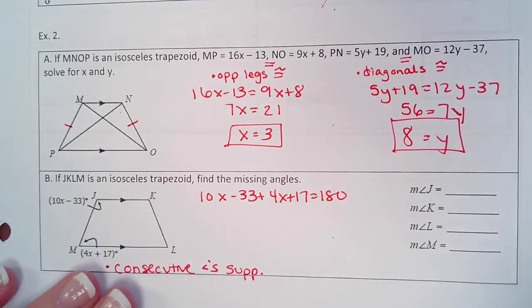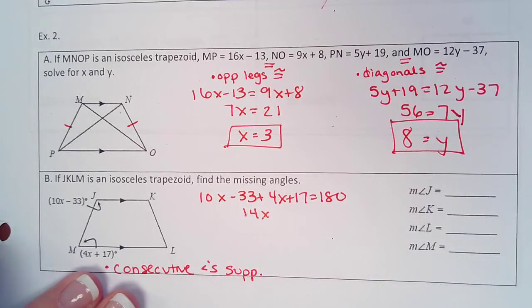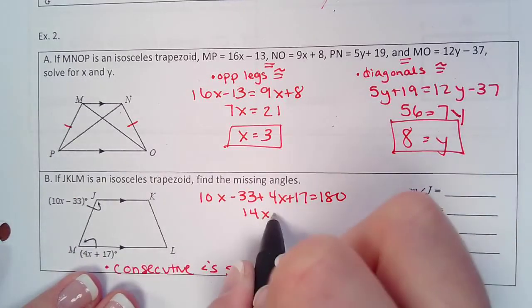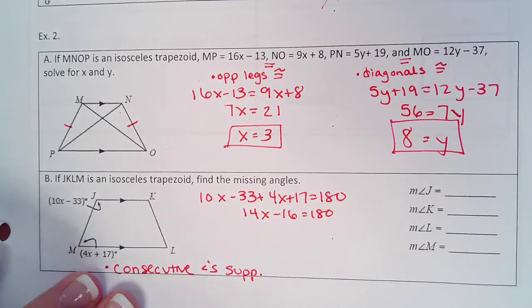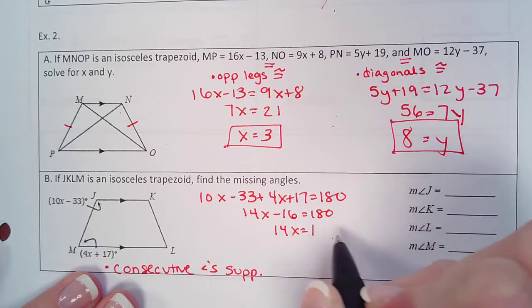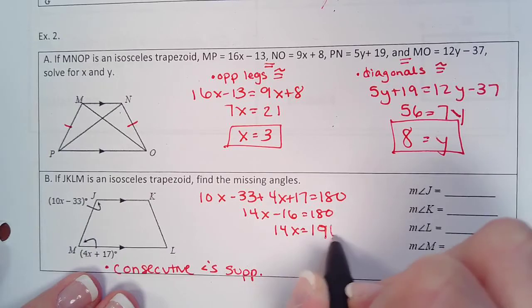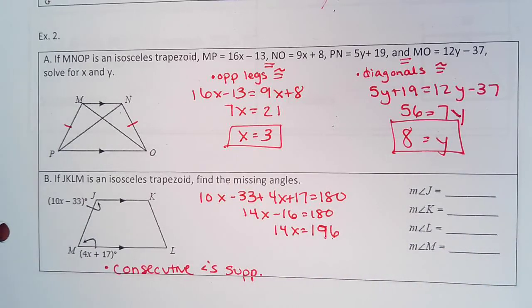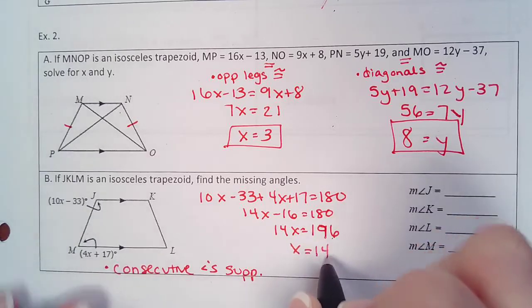Combine our like terms. 10 plus 4 is 14x. Negative 33 plus 17 is negative 16 equals 180. Add 16 to both sides. 14x equals 196. Divide by 14, so x equals 14.